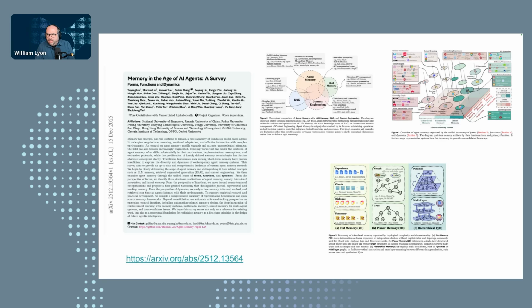I talked about some of the aspects, but maybe not through the same lens. So I would encourage you to check this paper out as a good way to have a different lens on the memory landscape.